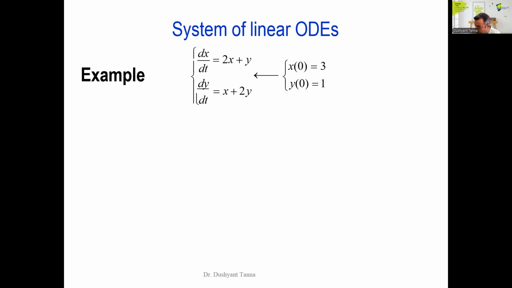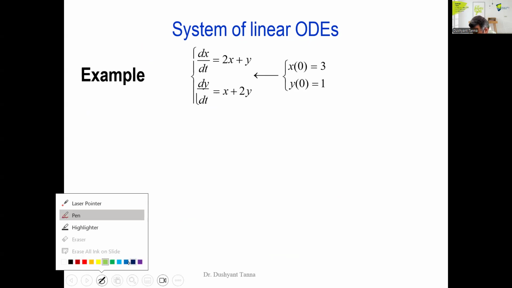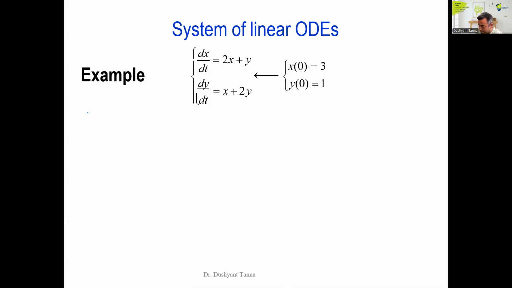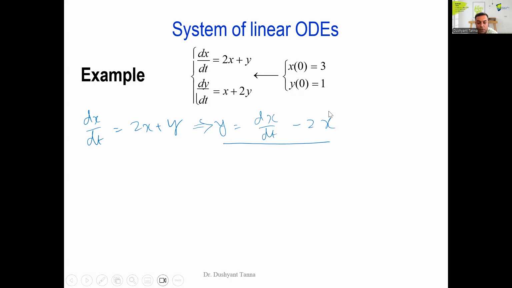Let's start. dx by dt is 2x plus y. If I want to obtain y from here, y will be dx by dt minus 2x. That's my y.